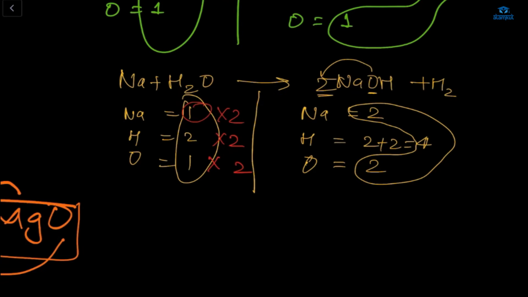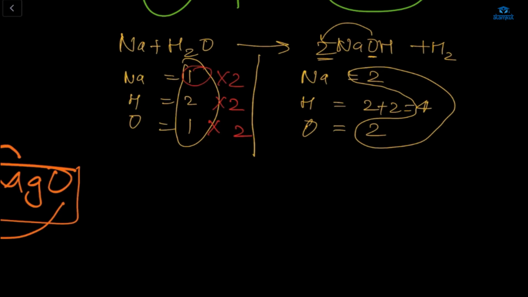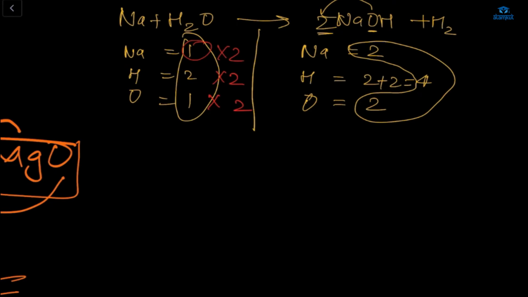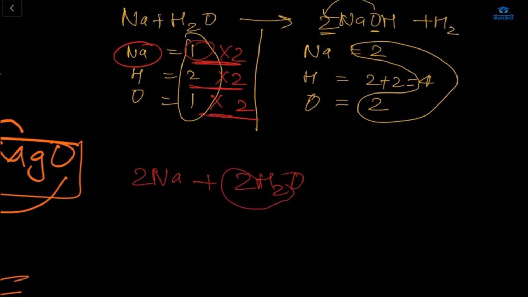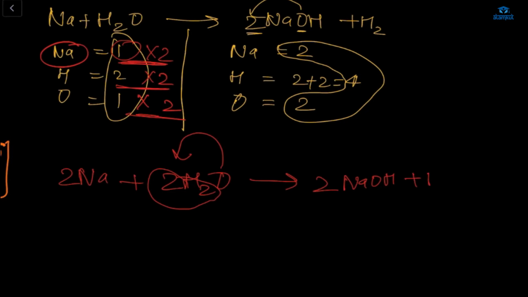Yes. So let's do this. If we multiply 1 into 2, it means Na will become 2. So 2Na plus H will be 4 and O will be 2. Means can I write like this? 2H2O, because H will be 4 and O will become 2. And here 2NaOH, as it is, plus H2.